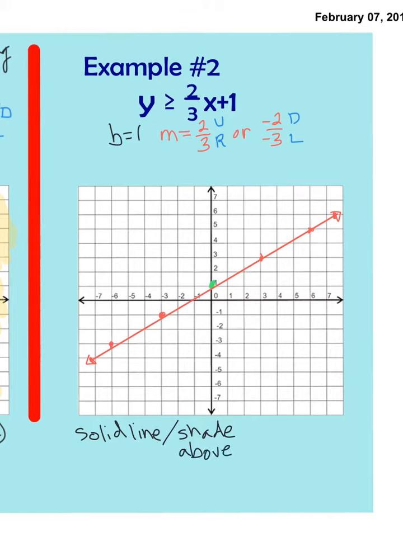So if I were to drop myself onto the line, I would land here. And if I'm shading above, that means I am in the shading where air and sunshine is. So here is your above shading. And then let's redraw myself. There. All right, and that's it. So hopefully you did well.